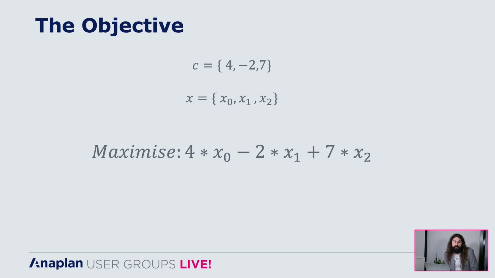And we want to maximize this objective. So what we actually do is we multiply these 2 vectors together into what is essentially a dot product. So we take 4x0, the -2 becomes -2x1, and the 7 becomes 7x2. So actually we're maximizing this equation, and that makes a lot more sense.